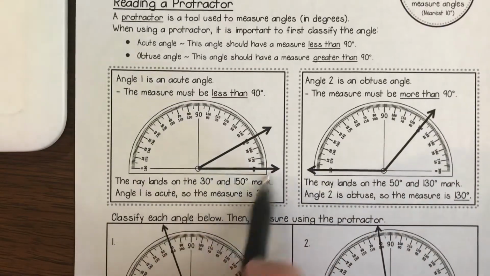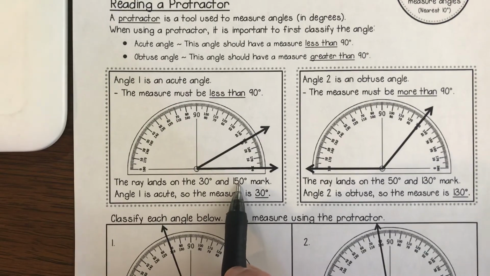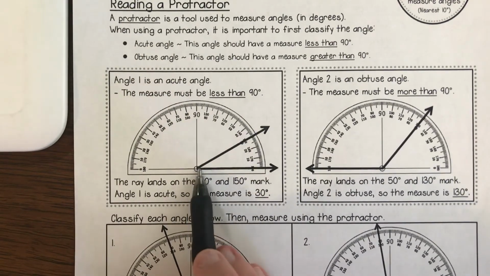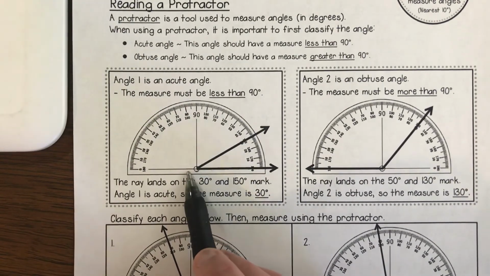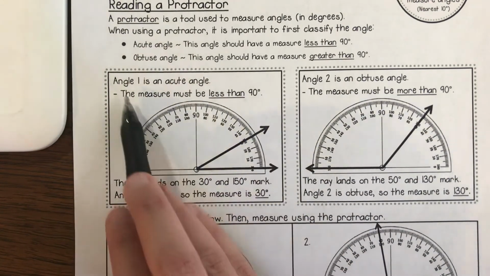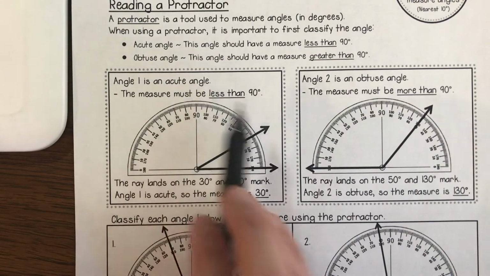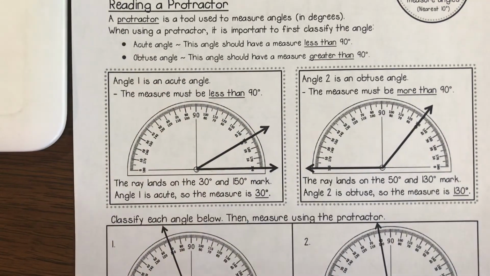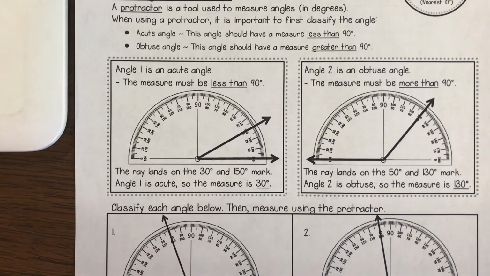So let's start looking at this angle, because this looks like the one that we just did. It's going to start going this way. Our rays are going to meet at that vertex, and then it goes up to here. So as it says here, we can say angle 1 is an acute angle because, again, it's less than 90 degrees. That's going to be a smaller angle.